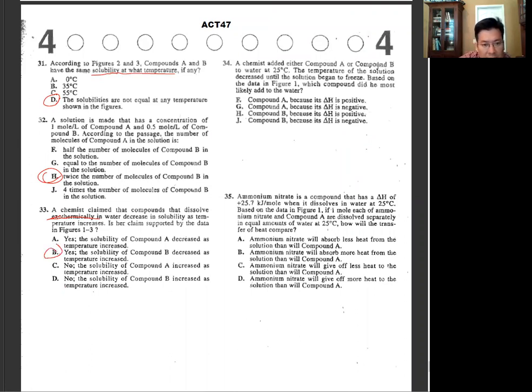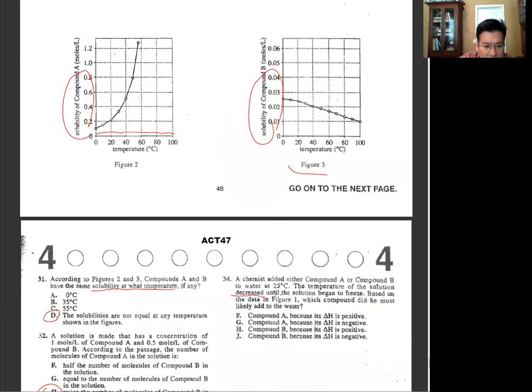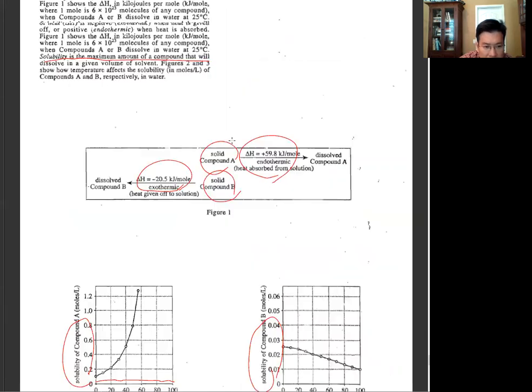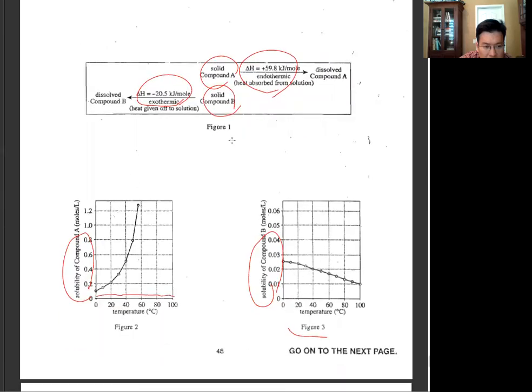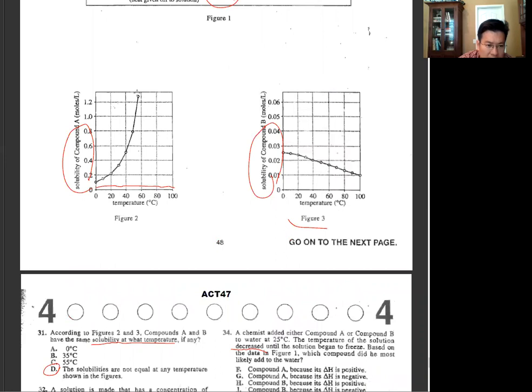34. Add the compound A, B to water at 25, temperature of solution decreases. So if the compound's temperature decreases, the solubility decreases. So which means if it is hotter, it will increase more.